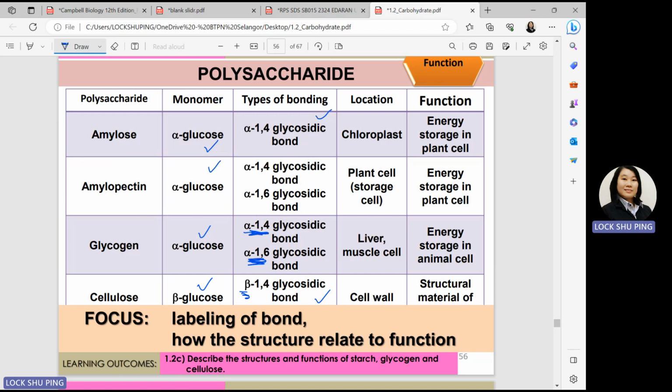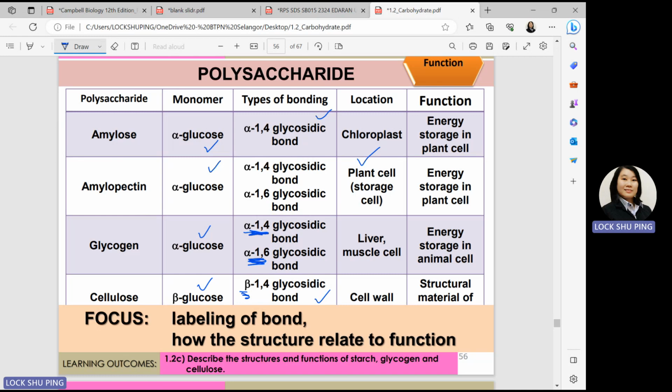Amylose, amylopectin, glycogen, and cellulose are found in different parts of different organisms. In plants, inside the chloroplast we have amylose, and inside the plant cell we have amylopectin. Glycogen is found inside muscle cells, the liver, and any active animal cell, because they need it to store energy. Plants store energy as starch, so amylose and amylopectin are enough.